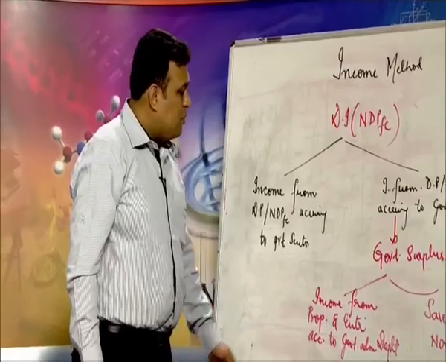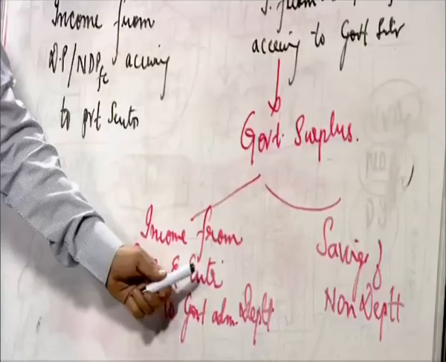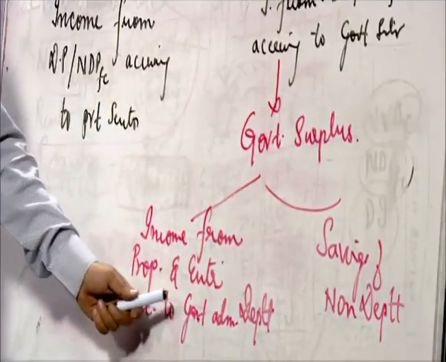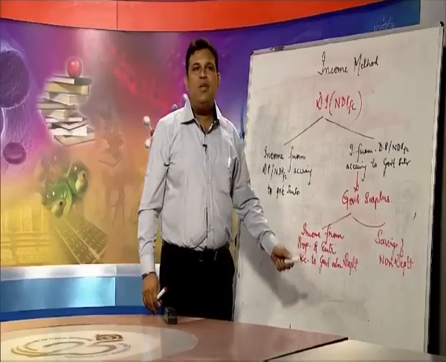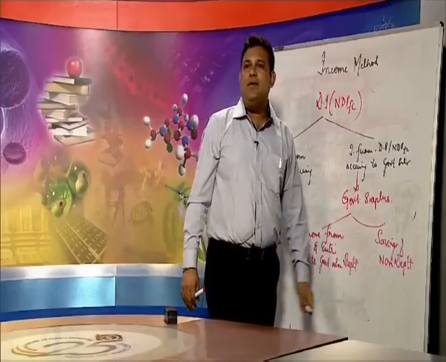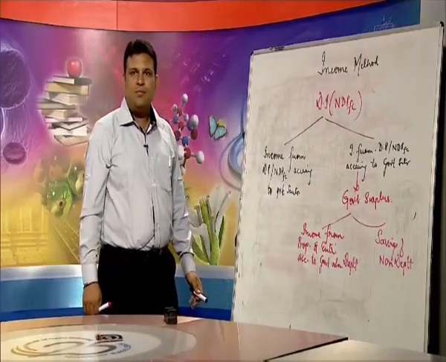Then government is a very good entrepreneur, Indian Railways. So, railway department, we have income from property and entrepreneurship. Then we have non-departmental. Non-departmental like we have LIC.